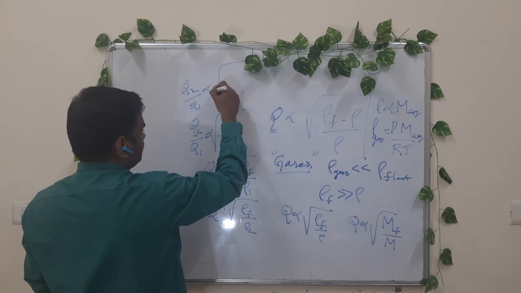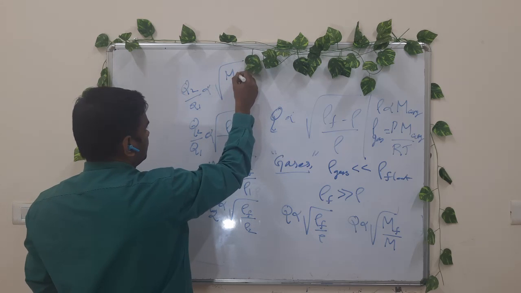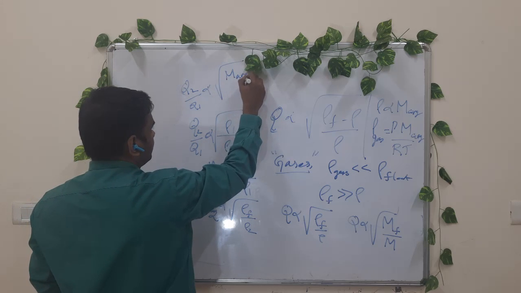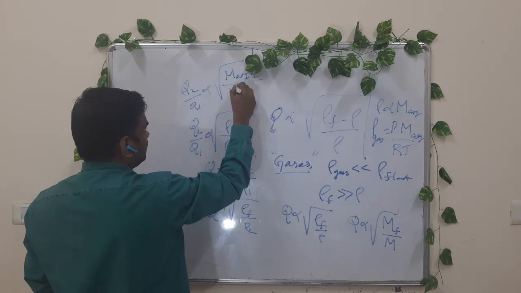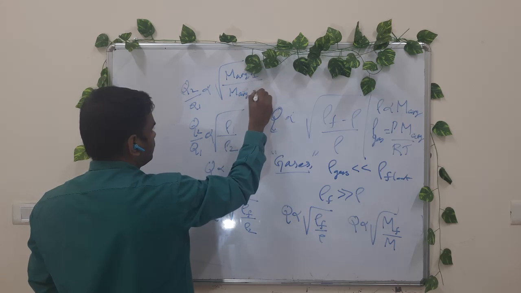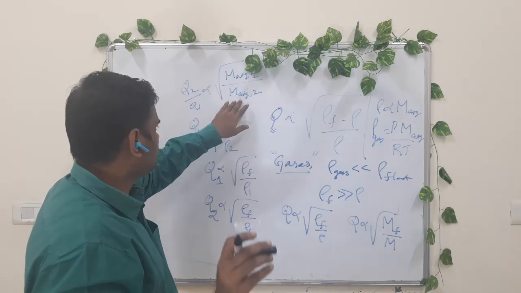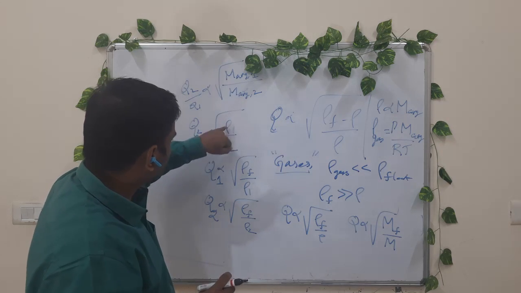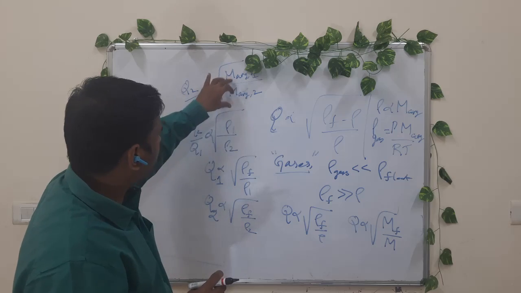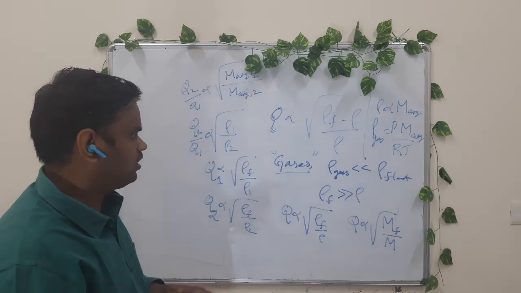So we can say Q2 by Q1 equals average molecular weight of fluid 1 by average molecular weight of fluid 2. Or if it is a pure element, it is not average, it is simple molecular weight. So ρ1 by ρ2 is proportional to m1 by m2, where m is the molecular weight.